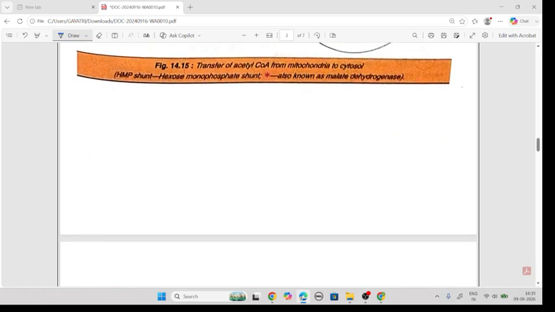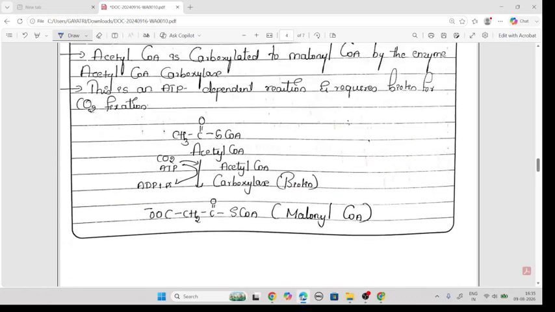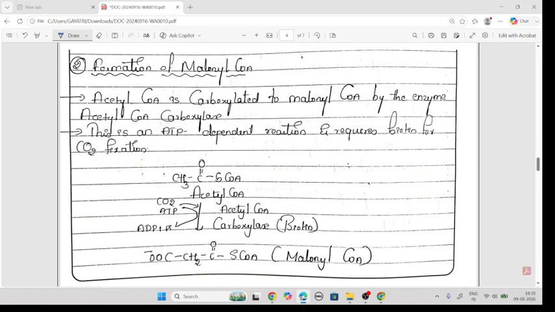So the second step is nothing but formation of malonyl CoA. Whatever malonyl CoA is there, that will be produced from your acetyl CoA itself. The acetyl CoA is carboxylated to malonyl CoA by the enzyme acetyl CoA carboxylase. So acetyl CoA is there.